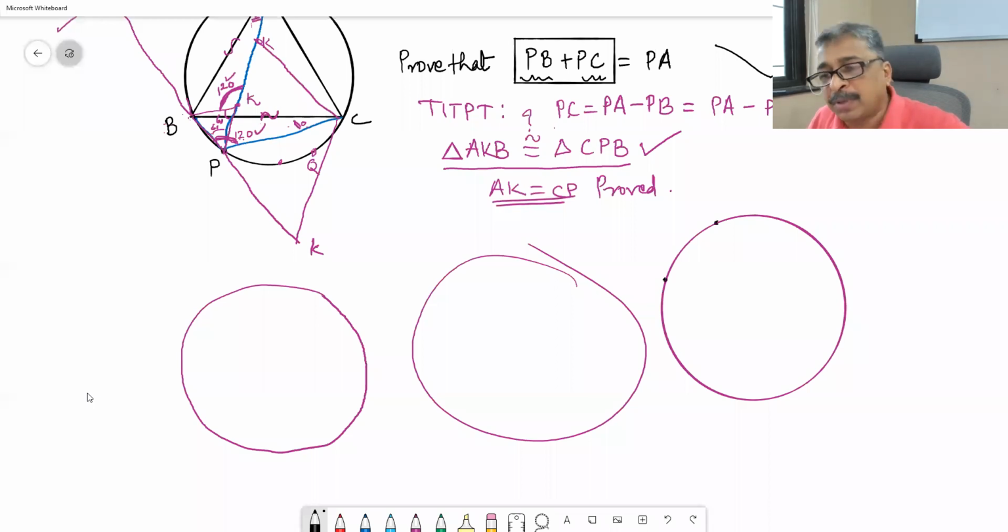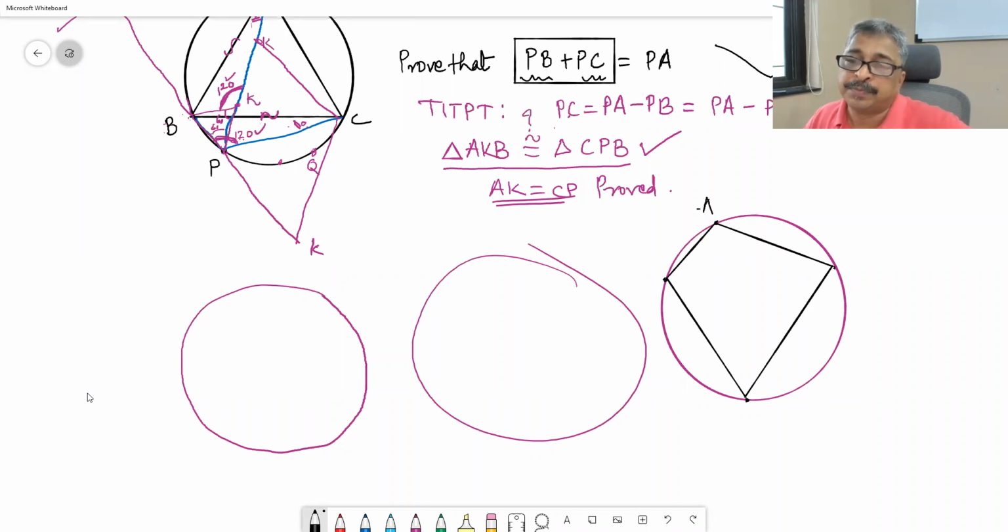Listen to the problem statement very carefully. Nothing is special about this cyclic quadrilateral except that it is cyclic. Quadrilateral ABCD is cyclic.